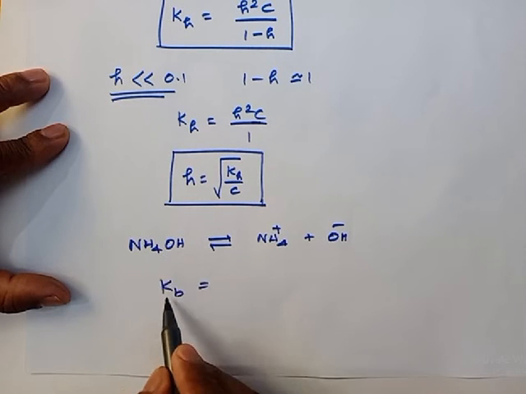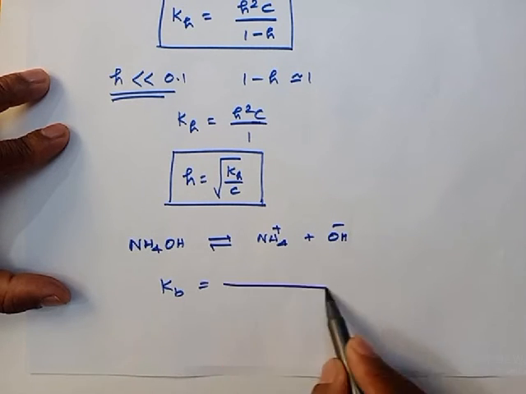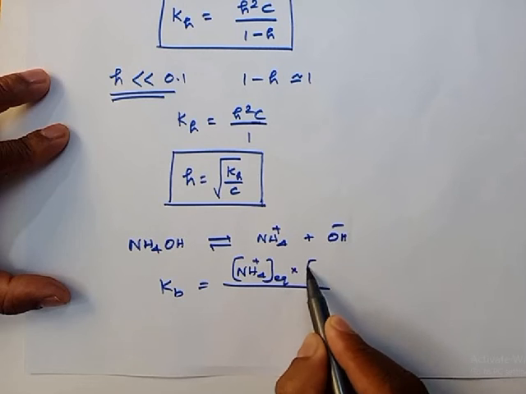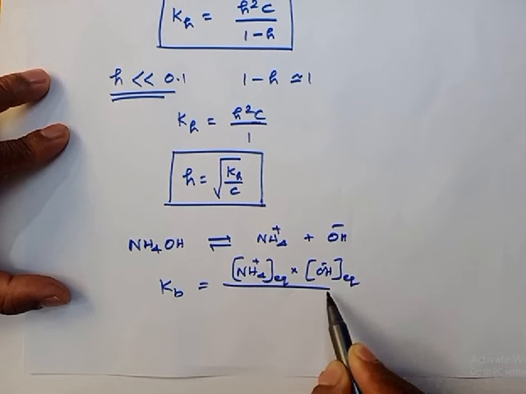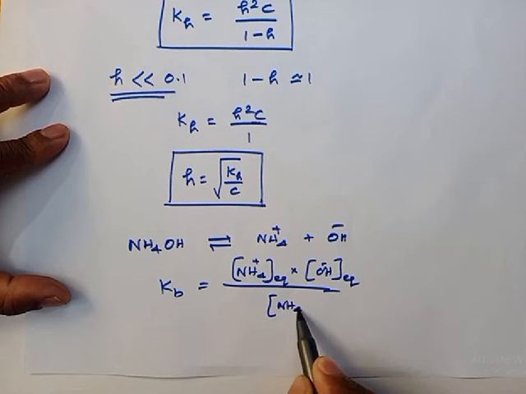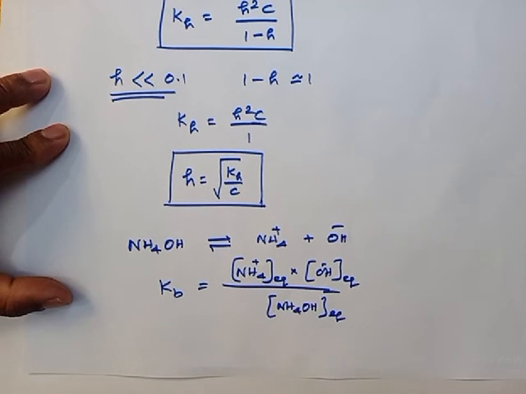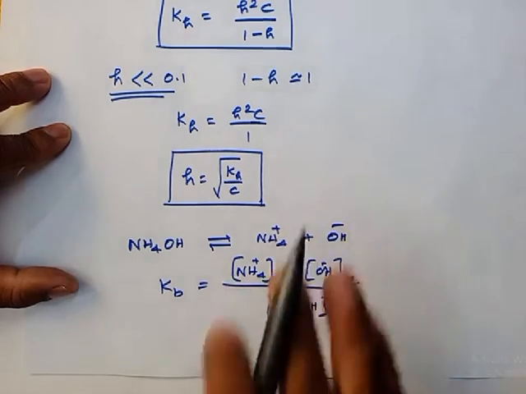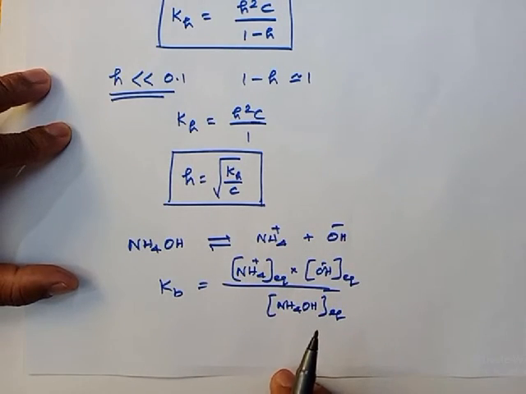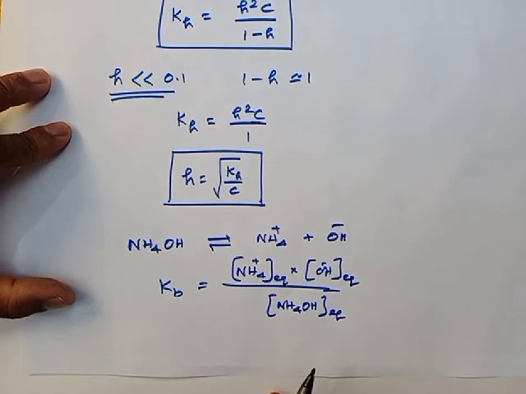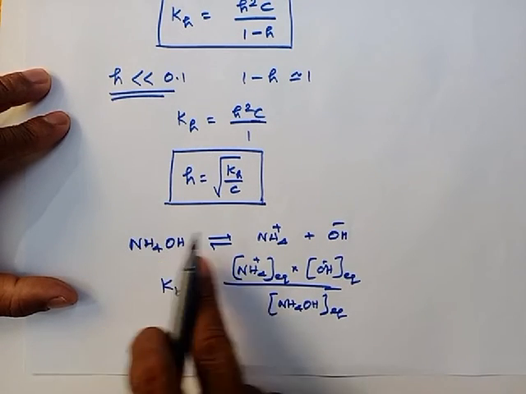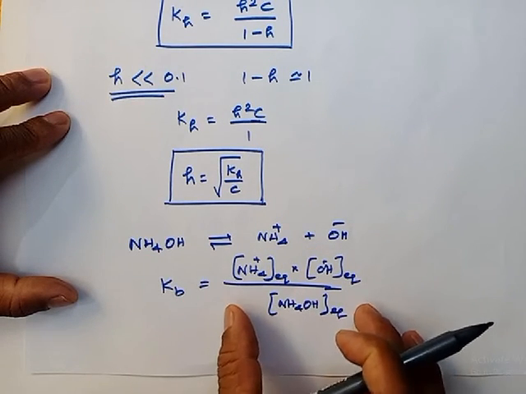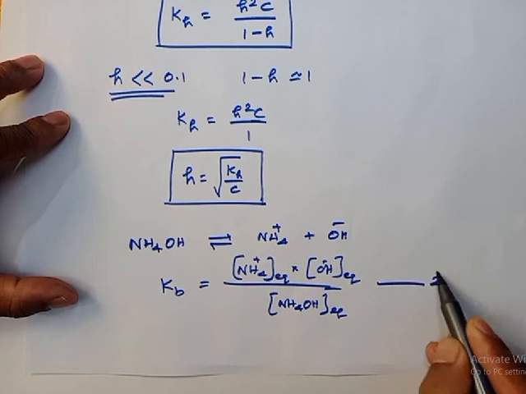Since it is a weak base, I'll write the equilibrium constant Kb as the concentration of ammonium ion at equilibrium into the concentration of hydroxide ion at equilibrium divided by the concentration of ammonium hydroxide at equilibrium. These are all equilibrium concentrations in the hydrolysis reaction. When ammonium hydroxide undergoes ionization, you'll get these ions, so if you write the equilibrium constant, you'll get an expression like this. Let me take this as equation number 2.